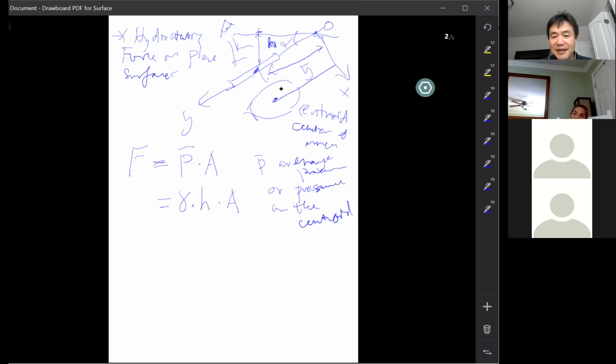If you can find that, you find the pressure, the average pressure. Your average pressure is basically the pressure on the center. Is that clear to everybody? Then if you have the average pressure, you should be able to find the force, the overall force on that plane surface.